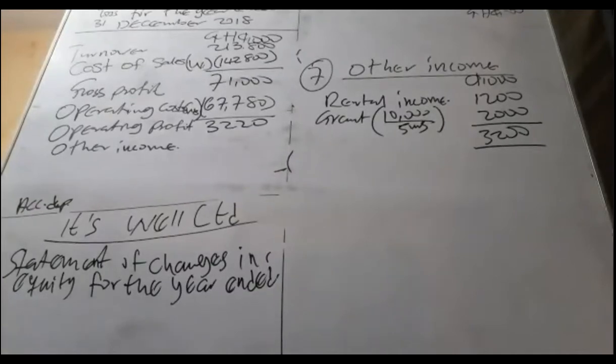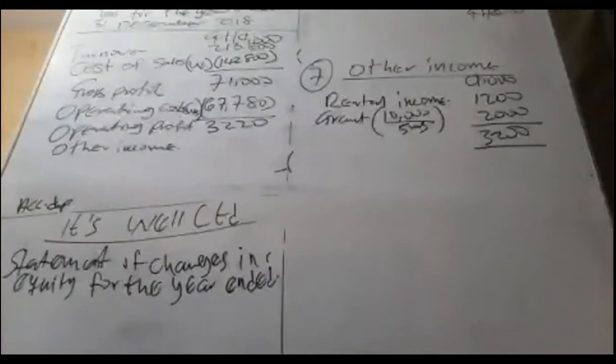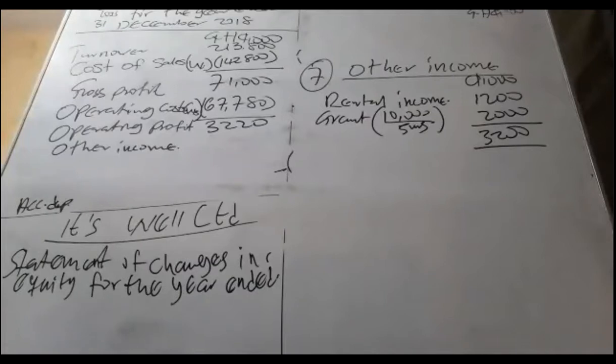Then we went to the provision for bad debt. Then we subtracted 1,620. Good. Then we continue. We added the loss on disposal of 1,000 to it. Great.